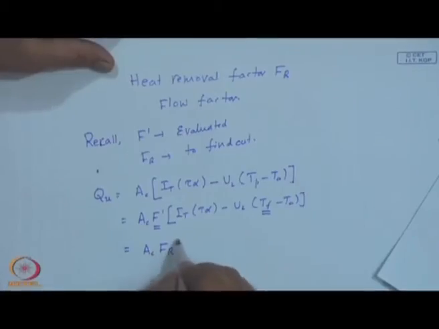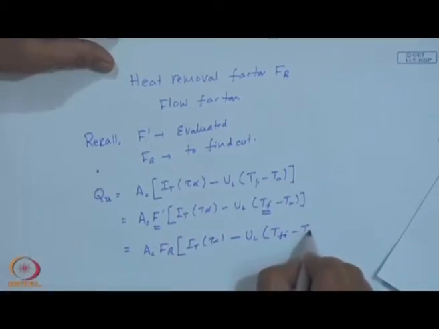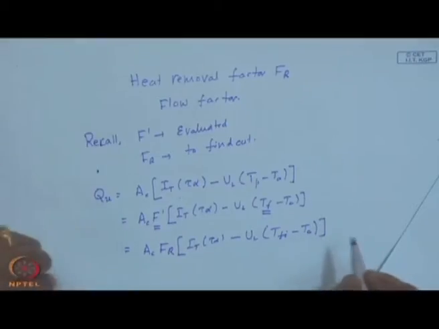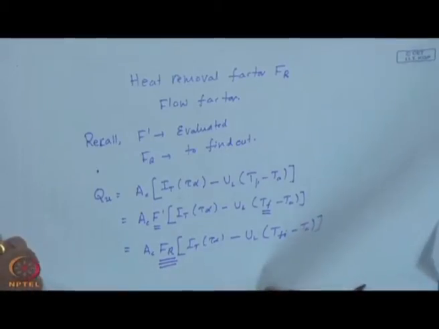A heat removal factor F r has been introduced. The minimum possible loss from the collector will be at the minimum temperature T f i. So, you compensate by again the second factor, the heat removal factor F r.